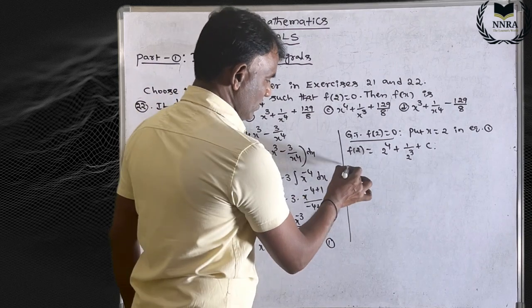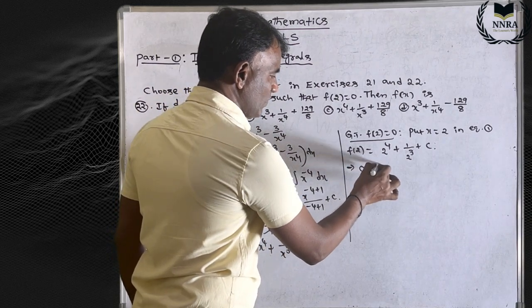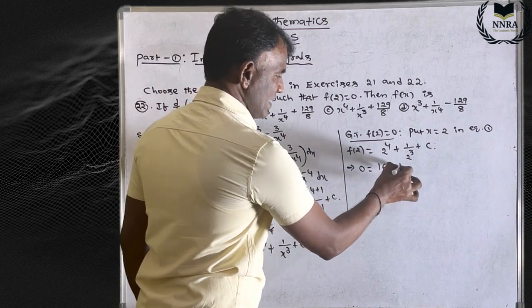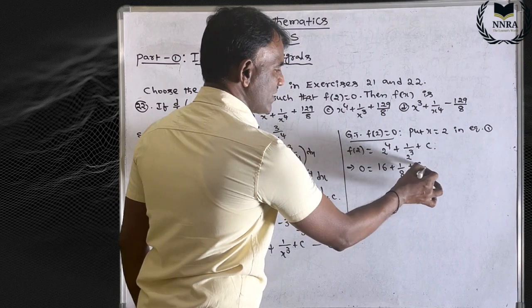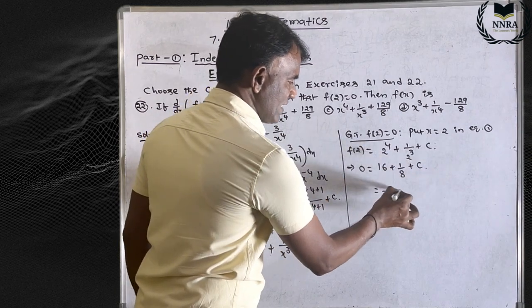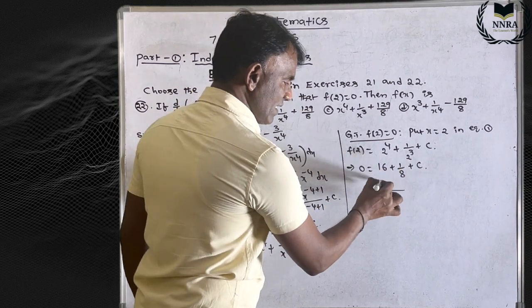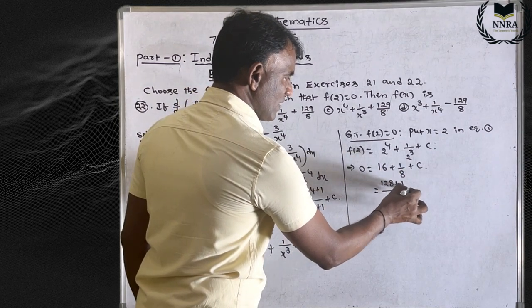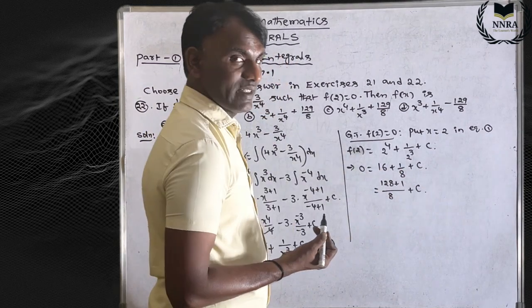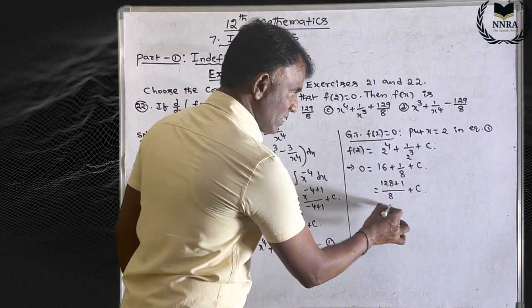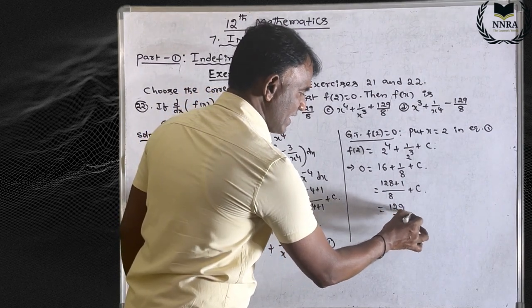But what is the value of f of 2? That is 0. So it is 0, and 2 power 4 means 16. Then it is 1 by 8, then plus constant. Now the LCM is 8, right? 16 into 8 is 128 plus 1, then constant c. So 128 plus 1 is 129 divided by 8 plus c.